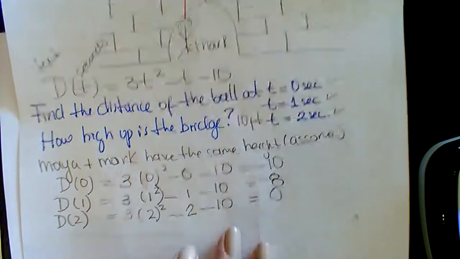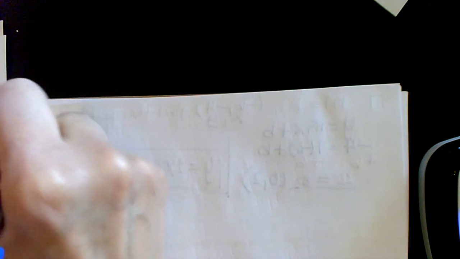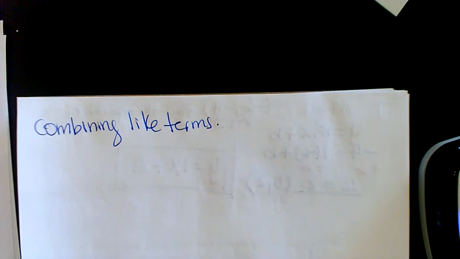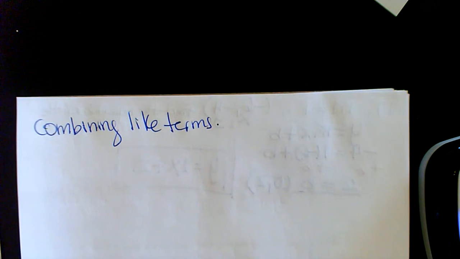Now, we're going to combine like terms. That was the other part that we were going to cover. Combining like terms. The same adding and subtracting that we did with linear equations. So you only combine the terms that look alike.